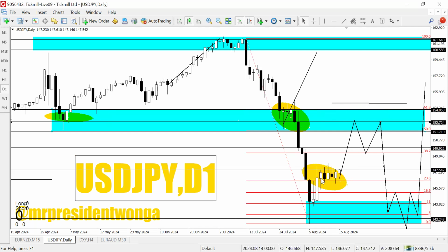I'm expecting the yen, the USD JPY, to come to this level to have some sort of reaction, but a nice reaction will be there between the 50 and the 61 level. And the nice reaction will also be here between 61.8 and 50. So that is where you are more likely to see your head and shoulder or anything like that. And that is where you're more likely to look for a buy. And then the price can come back to this level where there was a big sell position. Okay. Let's look for different pairs.